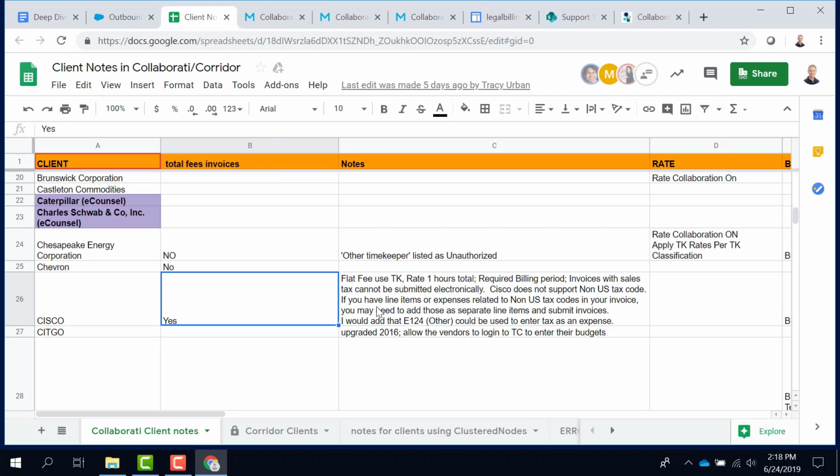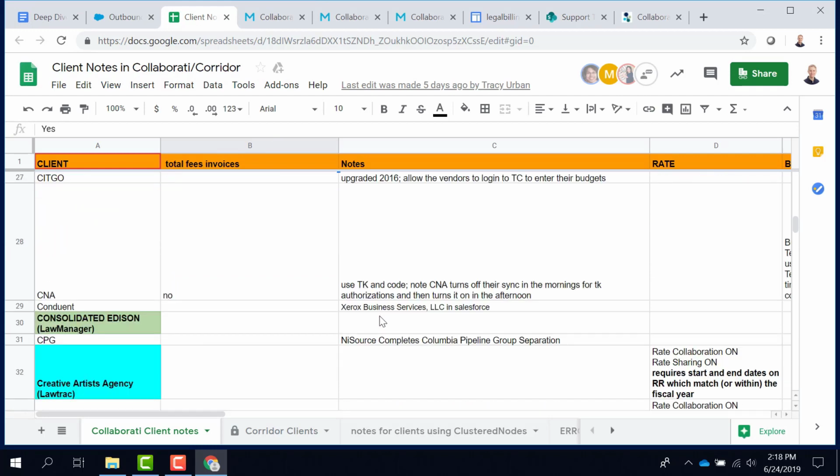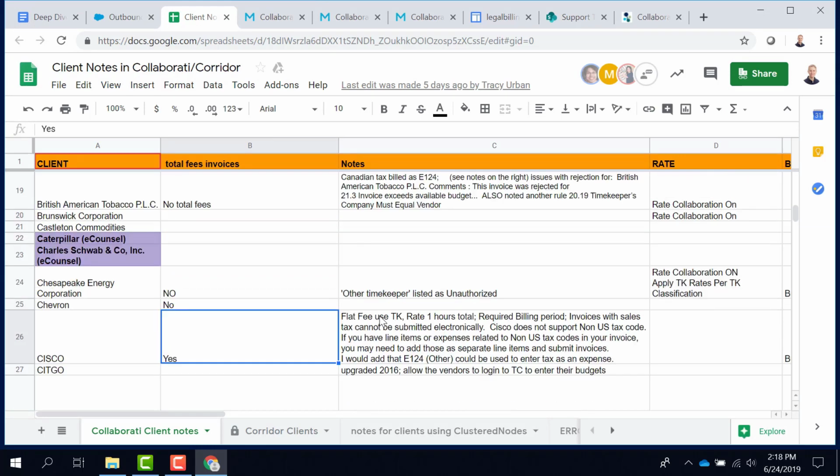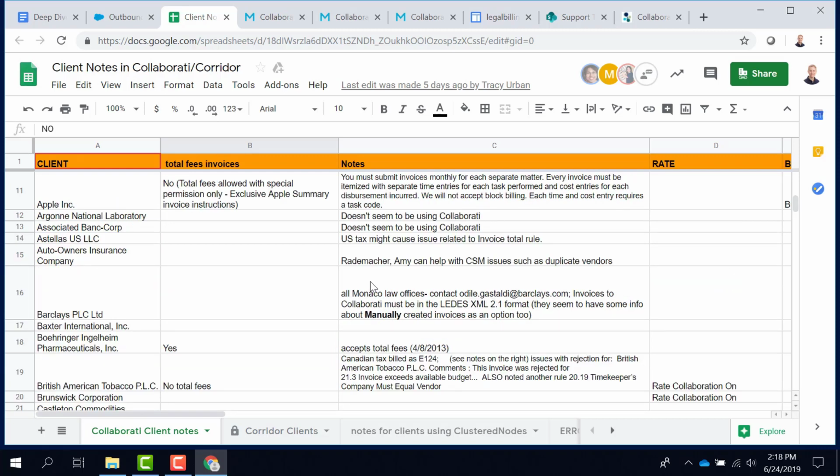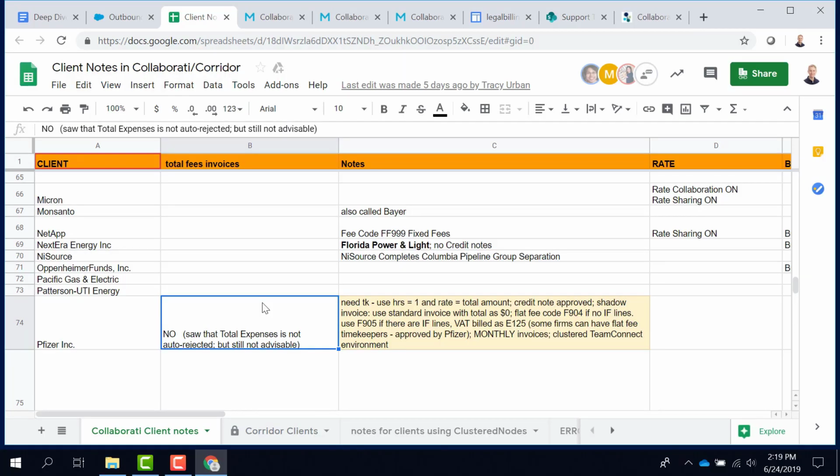Let's see, client notes also have a few other items. Sometimes there might be some additional notes about if the client needs special information on their invoice, that might be on the client notes as well. Pfizer does not allow total fees, but they might accept total expenses, but our documentation doesn't say that.